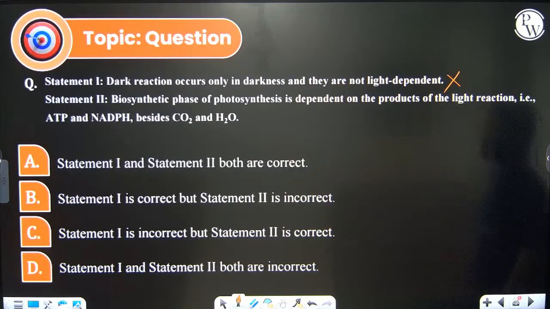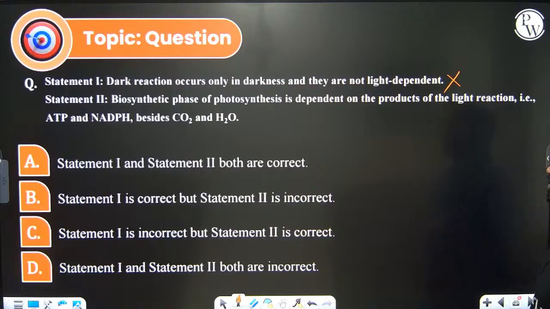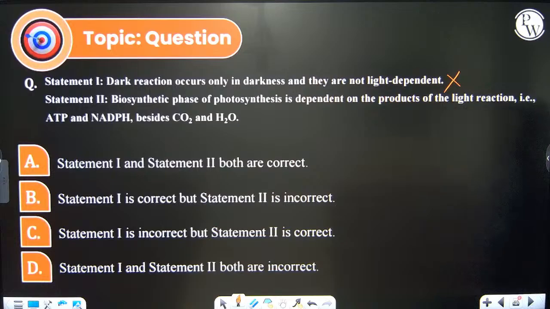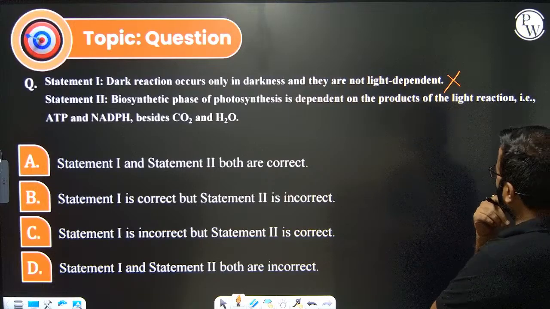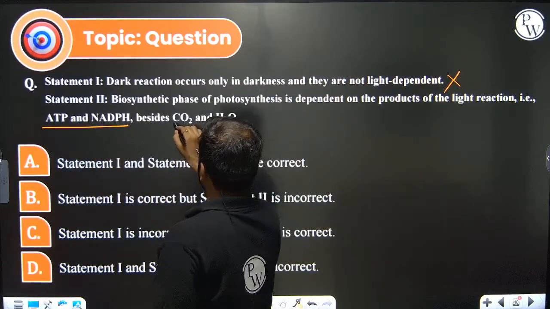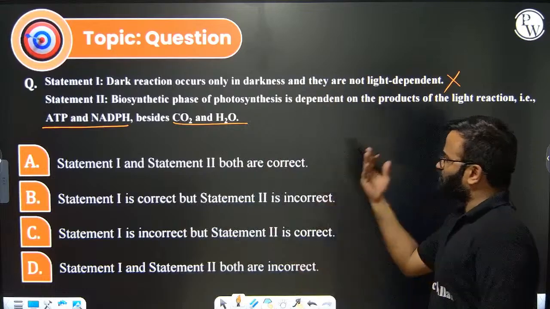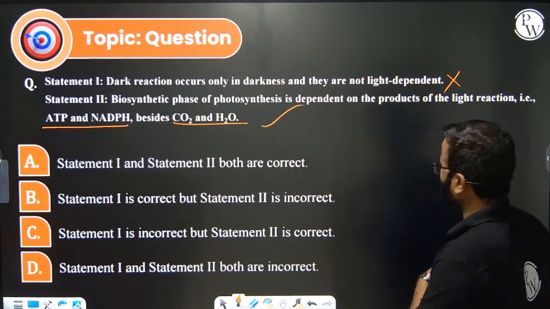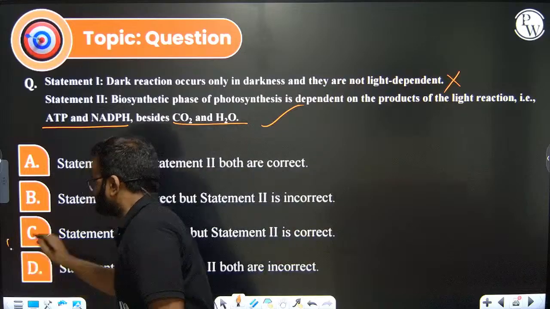It does occur very much in the daytime. Biosynthetic phase of photosynthesis is dependent on the products of the light reaction, that is ATP and NADPH, besides carbon dioxide and water, which is absolutely true. So the answer would be C.